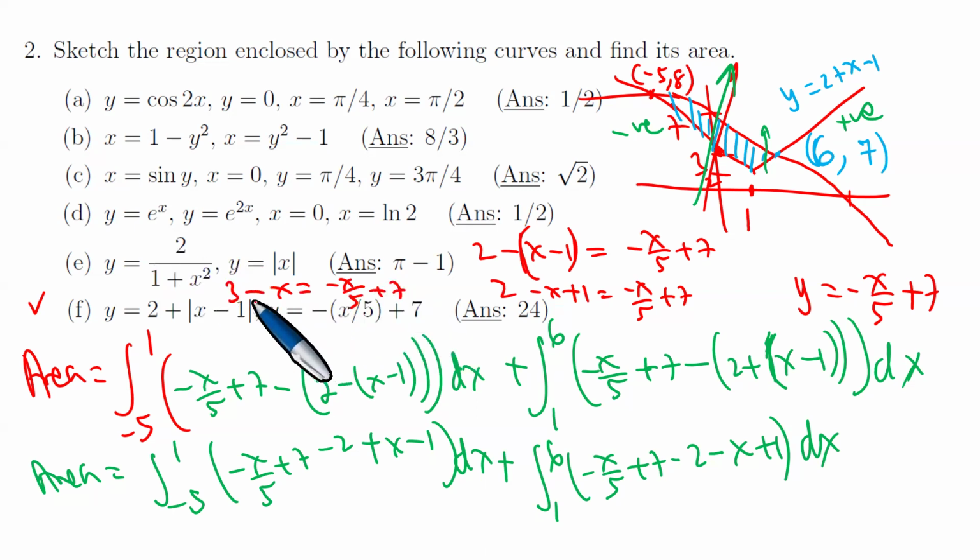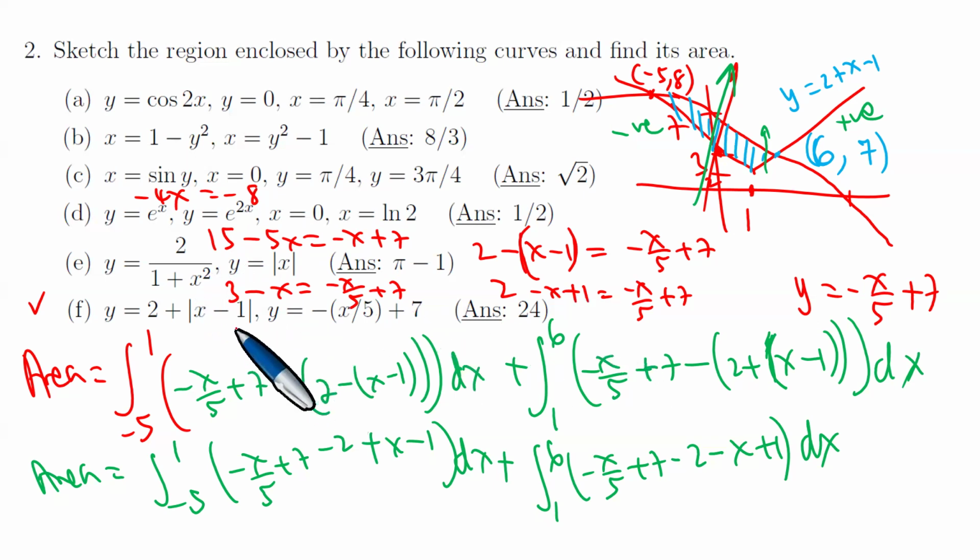I'm checking the limits of integration. Multiply through by 5. You get 15 minus 5x, which is minus x plus 7. You bring it across, which is minus 4x, which is equal to minus 8.